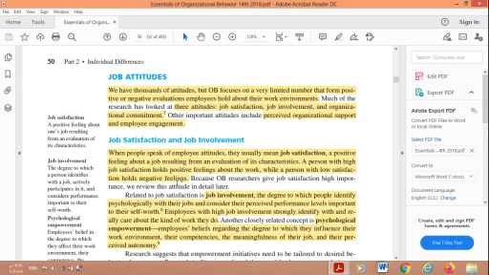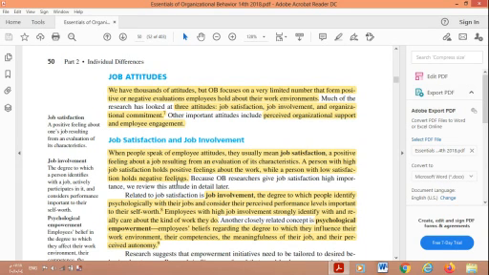أنا بشعر بالرضا والورك انفايرمنت تمام والجوب تمام والمانجرز والليدرشيب ستايل وكل شيء تمام، لكن ما عندي السكيلز الكافية انه تكون البرفورمانس تبعتي عالية. So there is a relationship between job satisfaction and productivity, not a relationship between job satisfaction and performance. In productivity, we talk about exerting more effort, not about the quality of the performance.